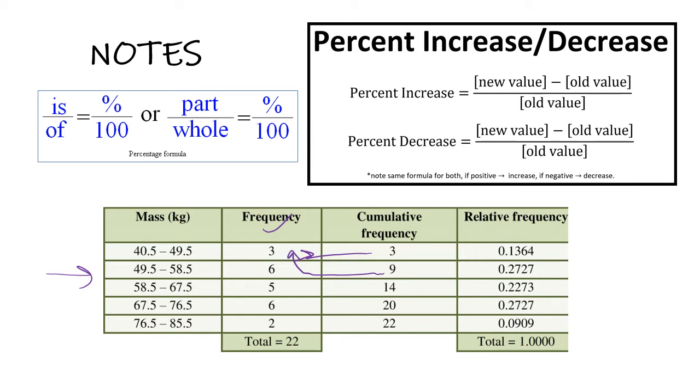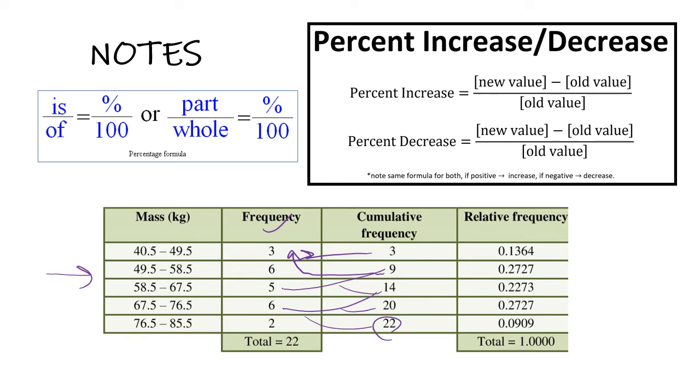So in this case, the cumulative frequency is going to be not just 6 for the second part, but 6 plus what we had before, which is 3. So instead of just being 5, we're going to say 5 plus 9 is 14. And then 6 plus 14 is 20. And then finally, 20 plus 2 is 22.